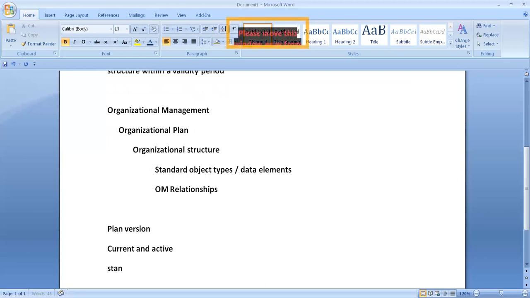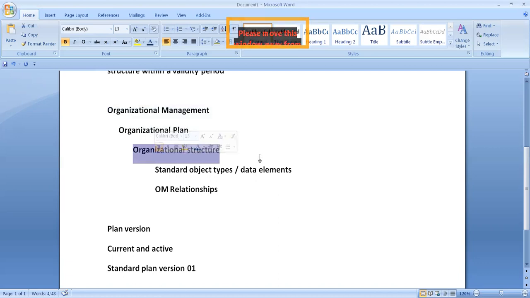The standard plan version is 01, meaning you are maintaining the structure based on plan version 01. You can maintain your own custom plan version also, which is a 2-digit code. Based on that 2-digit code, we are maintaining the organizational structure. These two things we have discussed at a higher level.